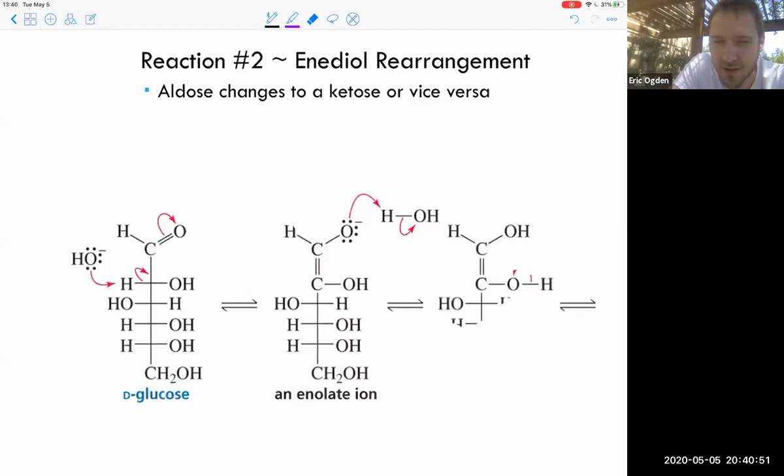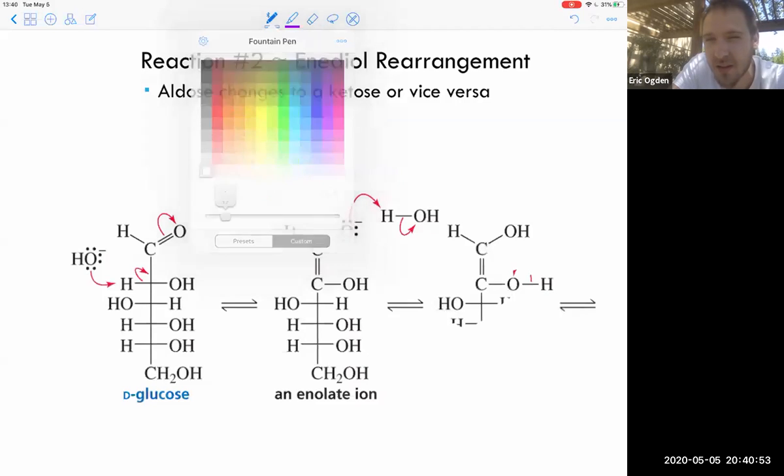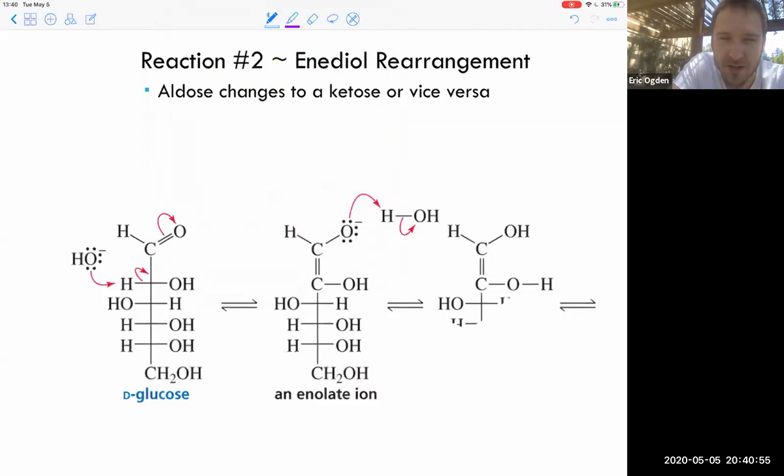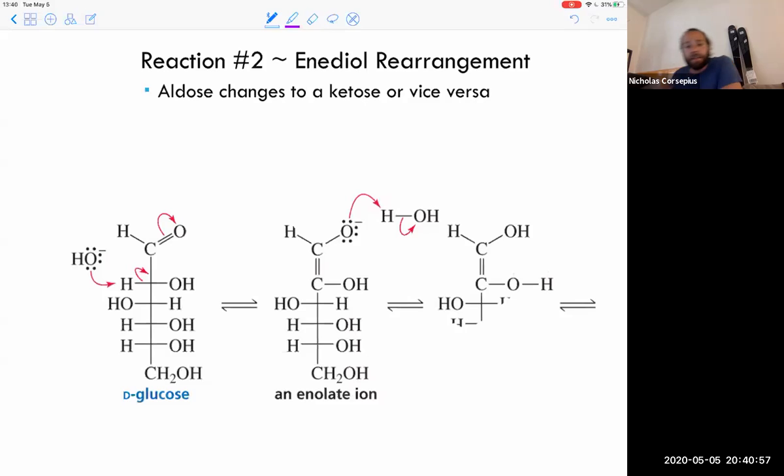So, under basic conditions, would you get a mixture of products between reaction 1 and this one? Yeah, and to be honest, one of the things that's kind of weird is you throw this thing in a base, it's going to give you a whole mess of different things. These are all reactions that can happen, but inside of a cell, they would happen within the context of an enzyme grabbing this sugar, and an enzyme could place that OH group exactly where it wanted it.